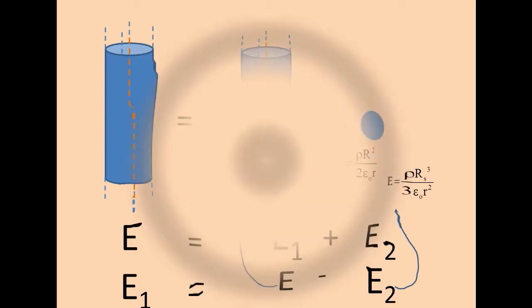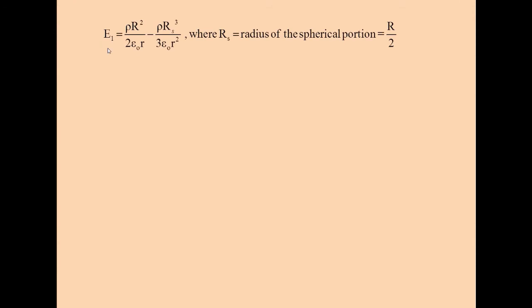So how to proceed to that? You see here, E1 is rho R squared by 2 epsilon naught r minus rho rs cube by 3 epsilon naught r squared, where rs is the radius of the spherical portion, which is given in the question as R by 2. So for rs, you will have to substitute R by 2. For small r, you will have to substitute 2 capital R. That was already given in the problem and also in the diagram.